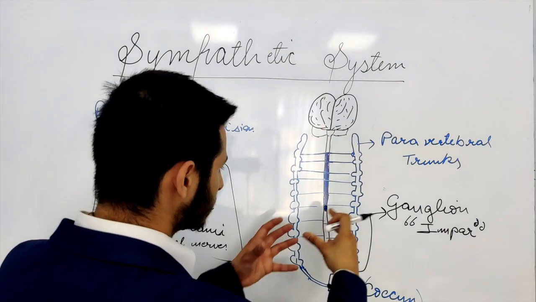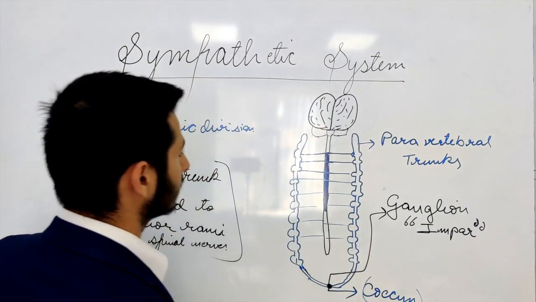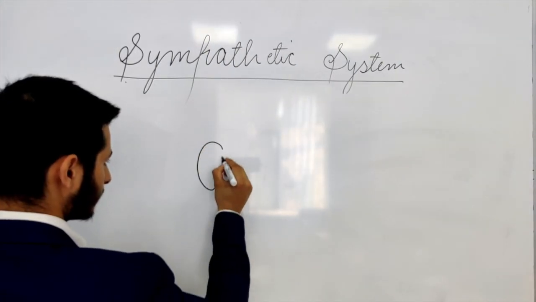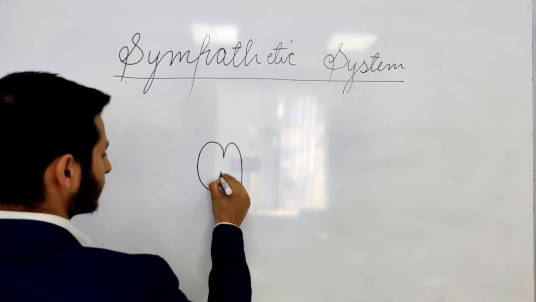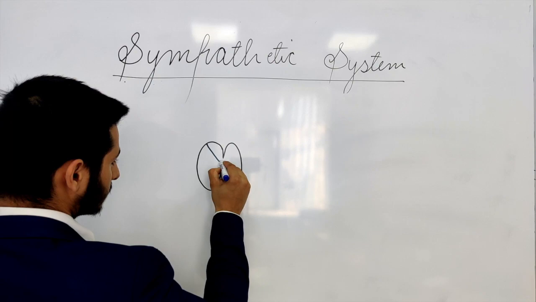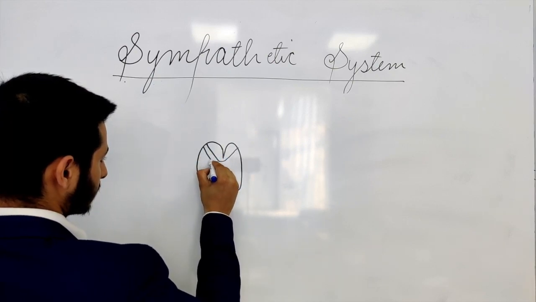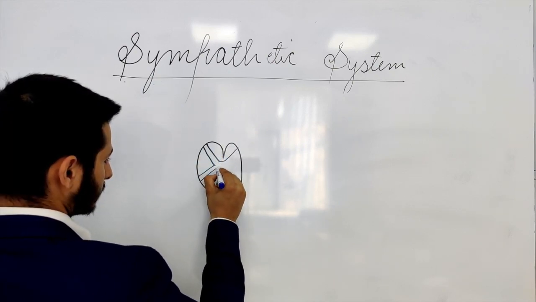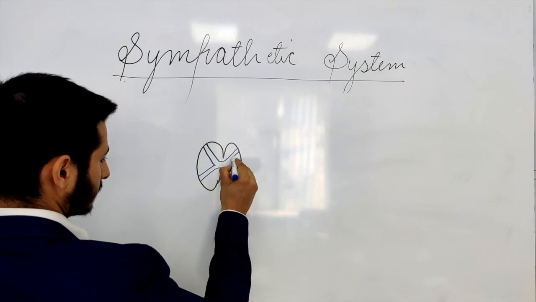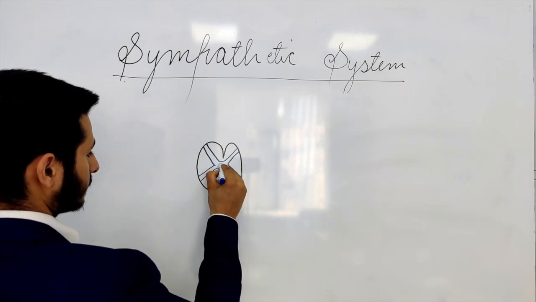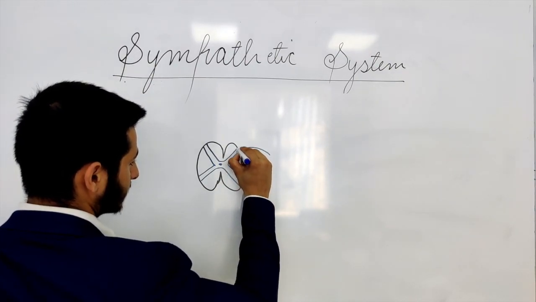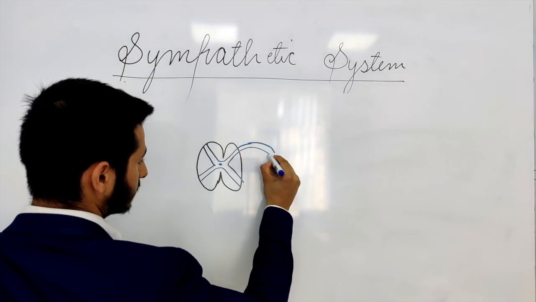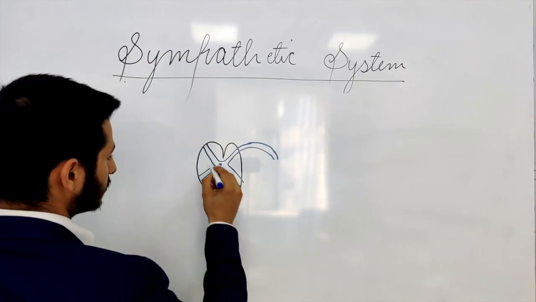Now we will discuss this structure in a bit of detail. This right here is a T10 spinal segment. As we discussed earlier, this is the posterior root.